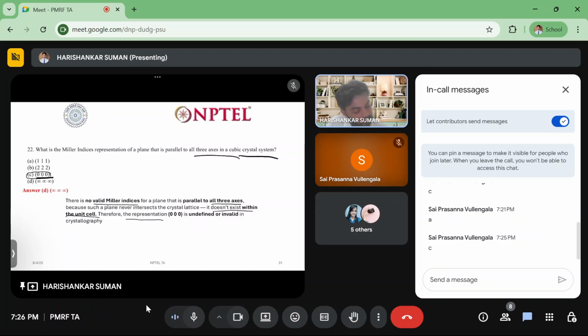Therefore, the representation is undefined or invalid in crystallography. This is undefined, so you can also select the D option. 0, 0, 0 has no meaning in crystallography because this is outside the unit cell.